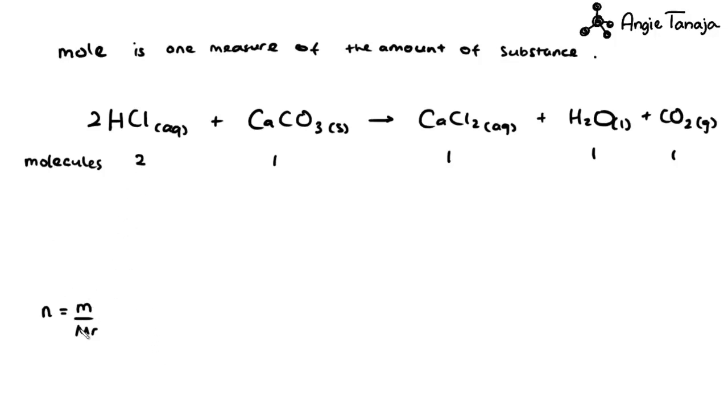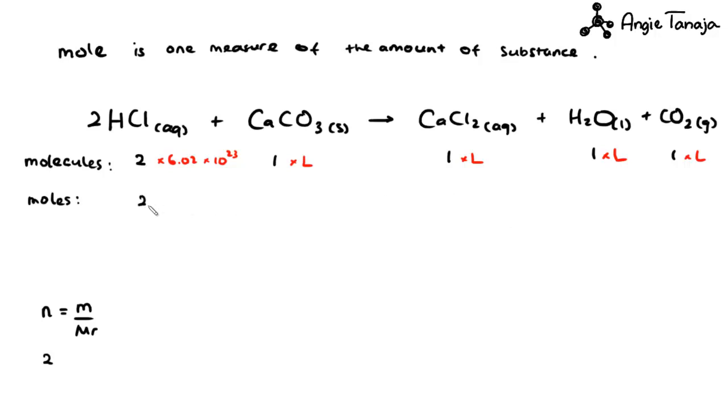So meaning that if I have 2 moles, now I'm talking about the moles, if I multiply this by 6.02 times 10 to the 23, I times it with Avogadro number, right?